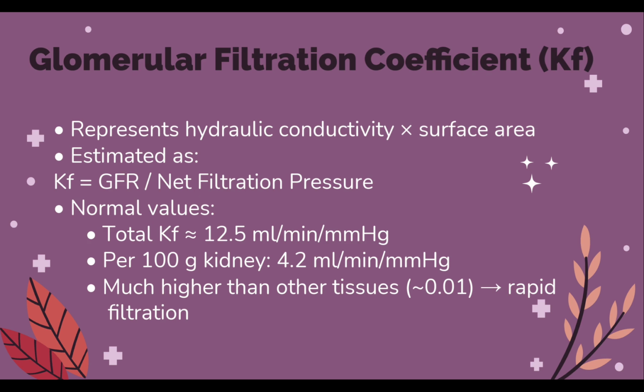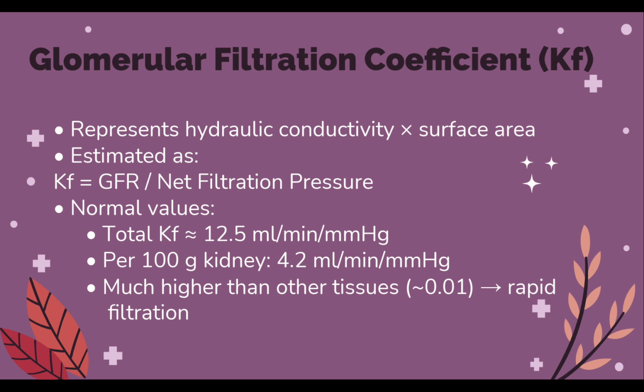The glomerular filtration coefficient represents the hydraulic conductivity and the surface area. We can't measure Kf directly, so we usually use an estimated value. The equation for the estimated value is to divide the glomerular filtration rate by the net filtration pressure.